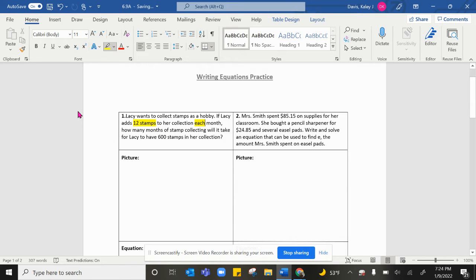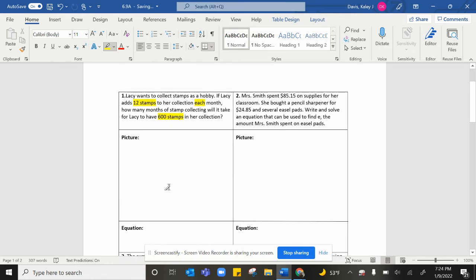Think of it as each month, per month. So how many months of stamp collecting will it take for her to have 600 stamps? Numbers in this case are going to be important as well. So this is really all I need in order to write the equation.